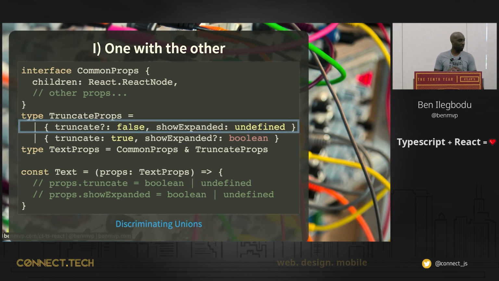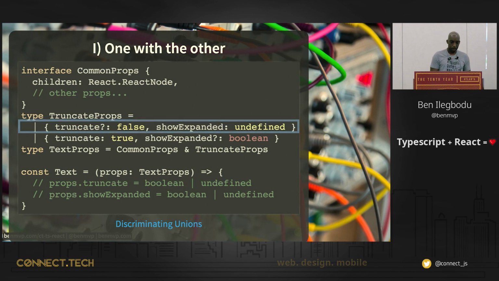The first part is the truncate prop. If the truncate prop is false, meaning that they didn't specify it, or they set it to false, then we're saying that the show expanded prop has to be undefined. Like it cannot be defined, right? So that's the translation.